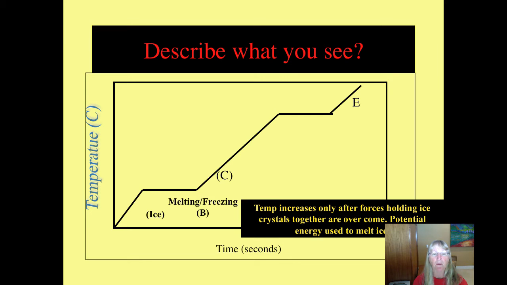So the temperature will only begin to increase after all of those forces are overcome, after the last bit of solid ice melts away. So in this segment, it's potential energy that's being used to melt the ice. Kinetic energy is remaining constant since temperature doesn't change. Take a moment and make sure you jot that down. It looks like that's approximately question 2B.